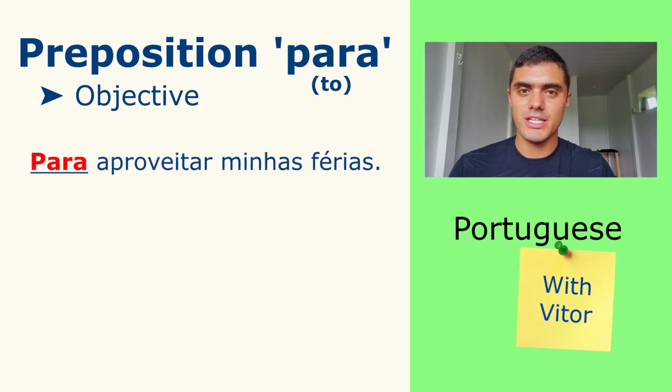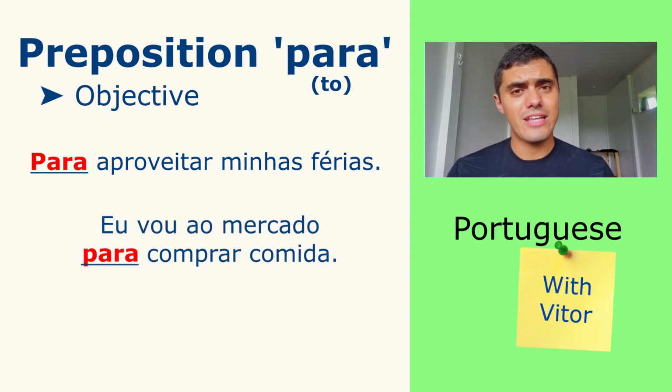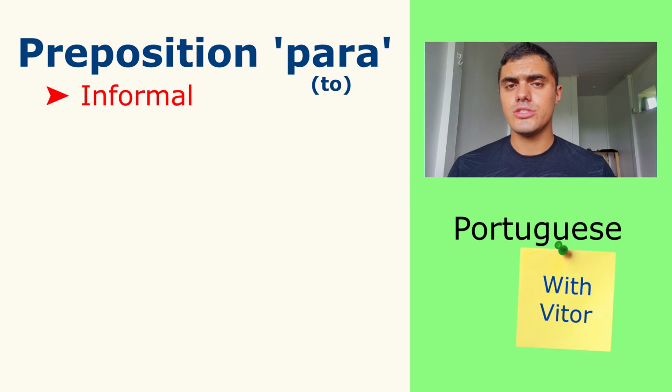Or, just say, eu vou ao mercado para comprar comida. I'm going to the market to buy food. So I'm going to the market to do that, to buy food. That's the objective. Okay?